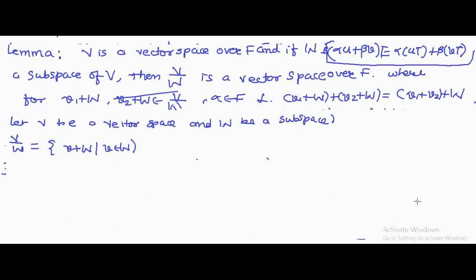For this purpose, suppose that V equal to A plus W, U equal to B plus W, and small w equal to C plus W, where A, B, C are vectors.